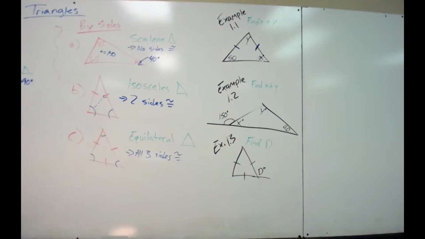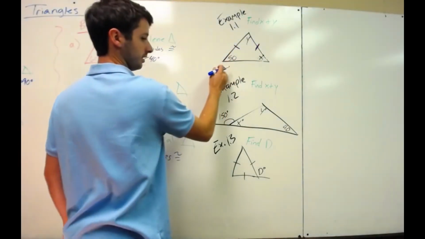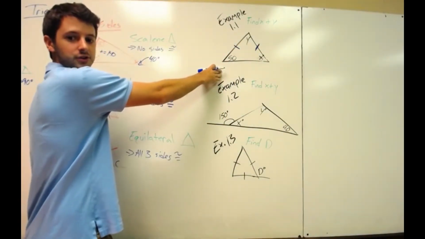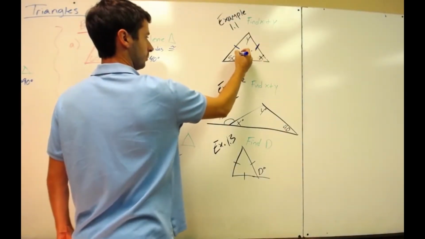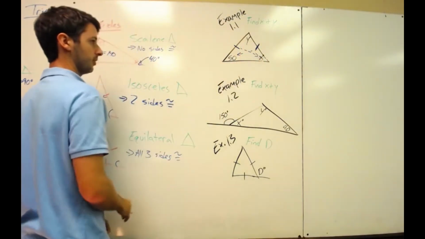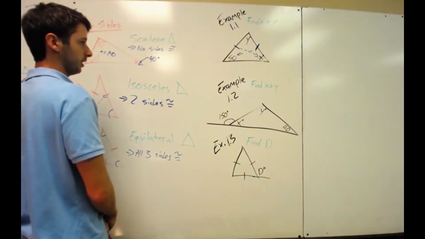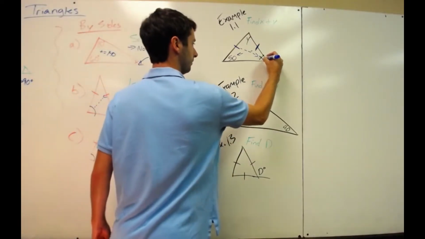So therefore, like we said before, if we have two congruent sides, that means we also have two congruent angles. So this one's 50, so therefore x, remember I look at them pointing to where their angle is, x must be 50 as well.